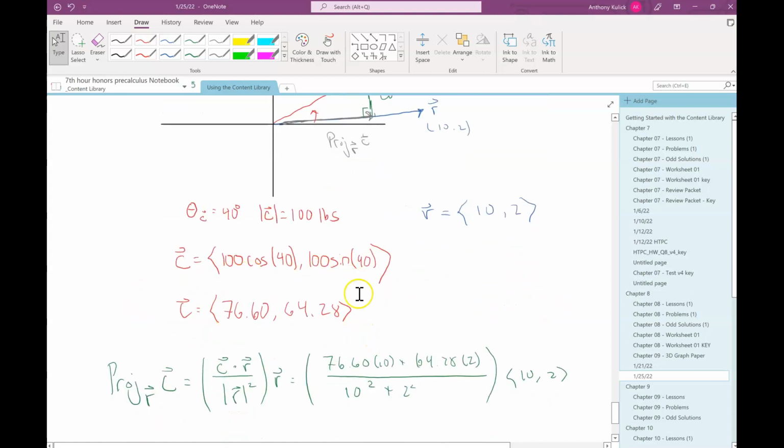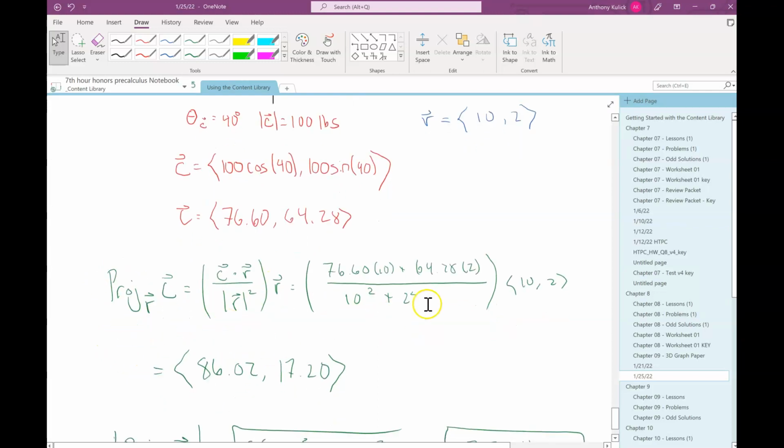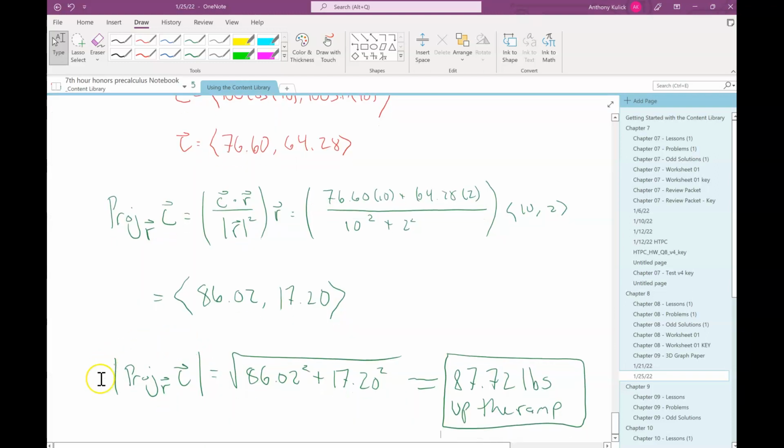And sometimes, like in the case of vector c here, we have to take the magnitude and direction that was given to us and convert it into component form. But once we have our two vectors in component form, we do the appropriate projection. So we fill in the formula to get the projection vector, and then to find the amount of force for that projection vector, we just calculate the magnitude. Is that okay?